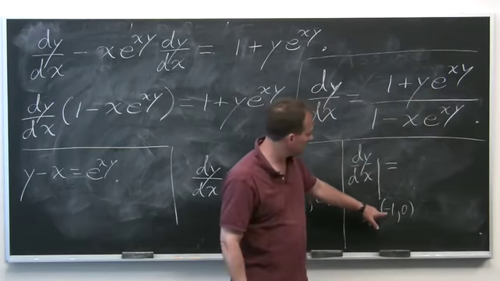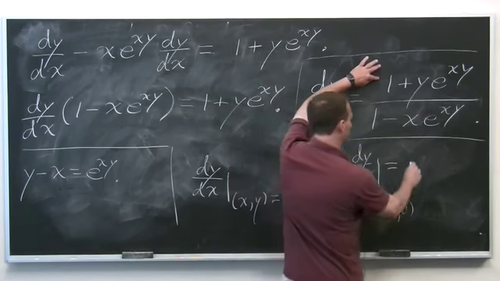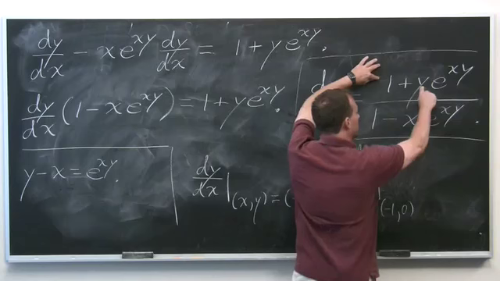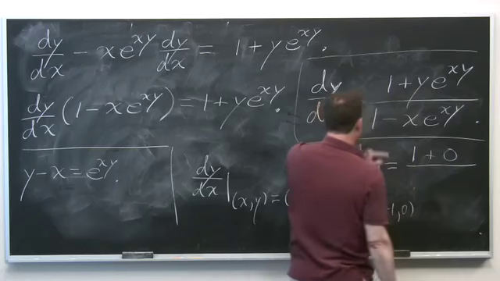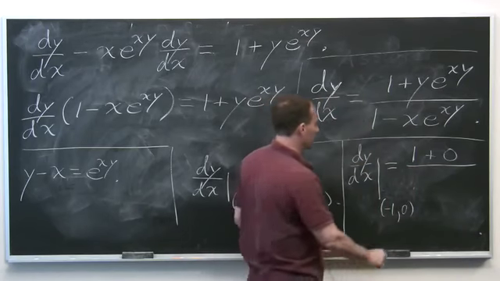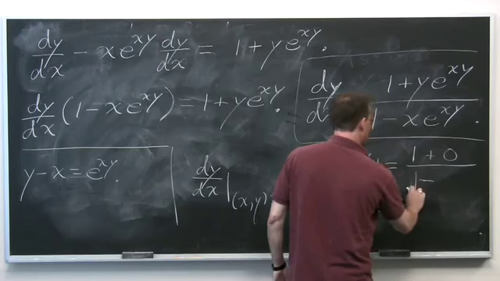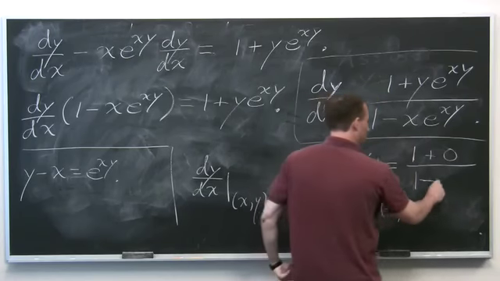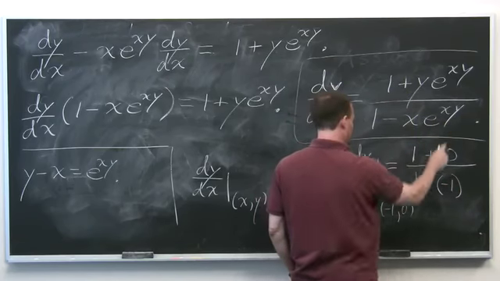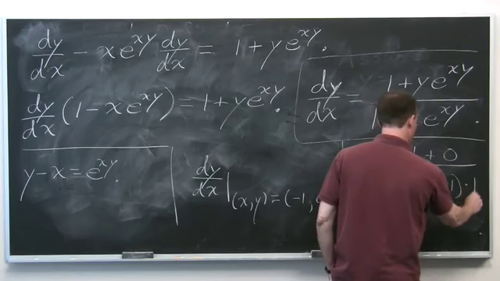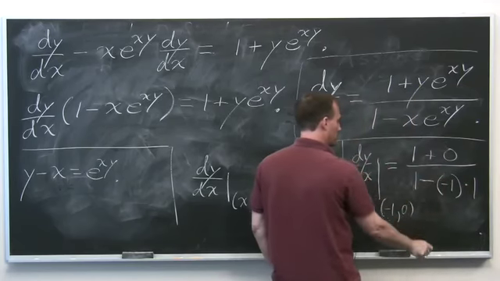If x is -1 and y is 0, then in the numerator you get 1 plus y, which is 1 plus 0, over, in the denominator, 1 minus x, which is 1 plus 1, and then there's times e to the 0, but that's times a 1, so you get 1 over 2, a half.